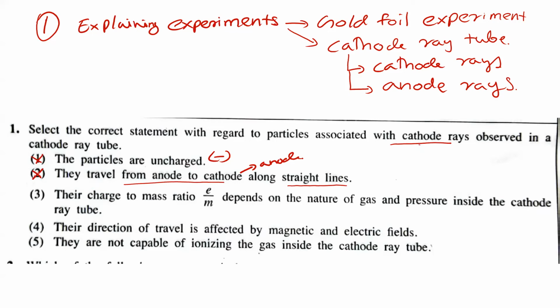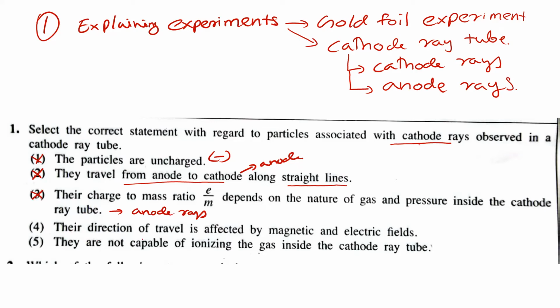The third one: their charge to mass ratio depends on the nature of the gas and pressure inside the cathode ray tube. No, this doesn't happen for cathode rays. This happens for anode rays, so this statement is also wrong. Now let's check option number 4.